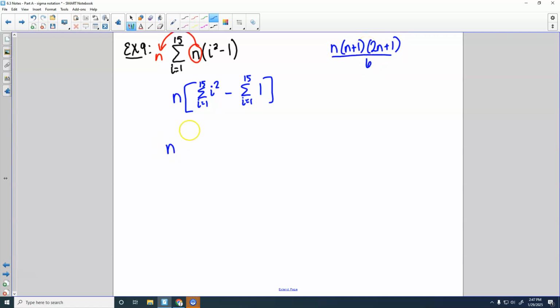So it'll look like this. You'll have 15 times 15 plus 1, which gives us 16, times 2 times 15 plus 1, which gives us 31, all over 6. That part right here will be this part right here.